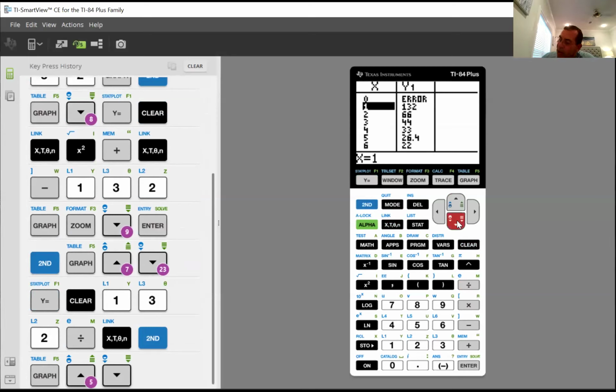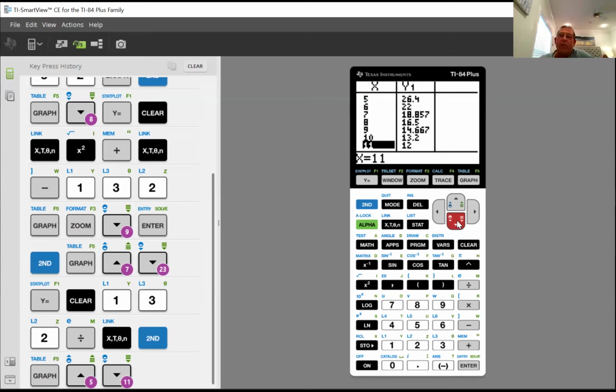So 1 and 132 are factors. 2 and 66 is a factor. 3 and 44. 4 and 33. Now I can't use the decimals. 6 and 22. 11 and 12.